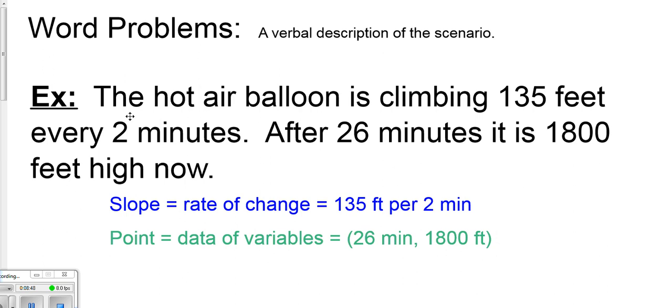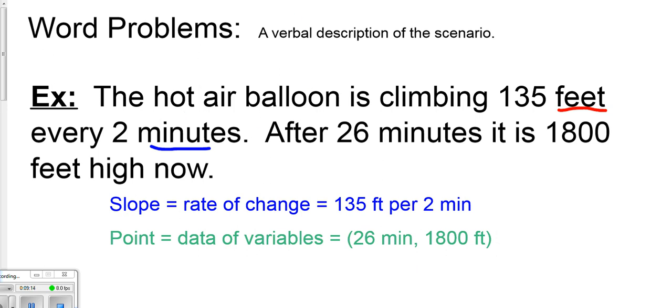Which one is affecting the other one? Well, after so much time, you would be so many feet high. So it looks like minutes are going to be your independent variable, and the height here in feet, that's going to be your dependent variable.